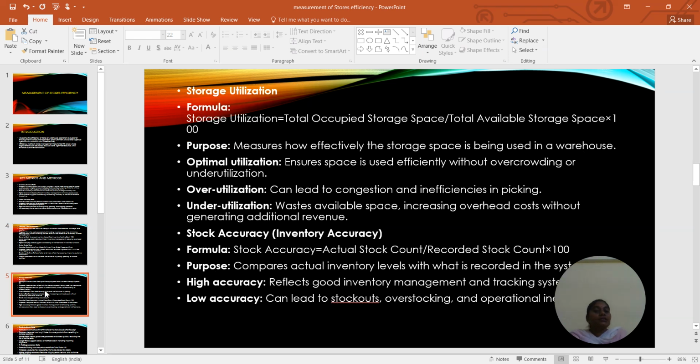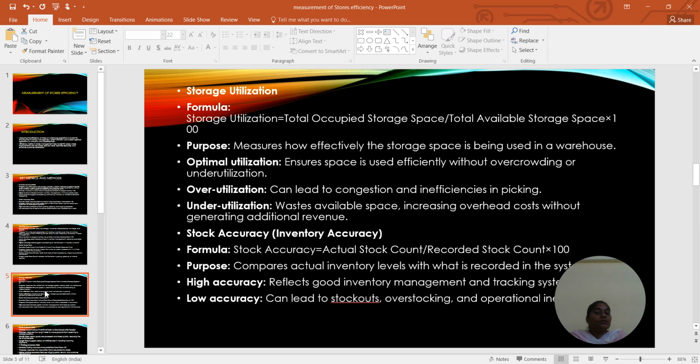And next one is the store utilization. It measures how effectively the storage space is being used in a warehouse.